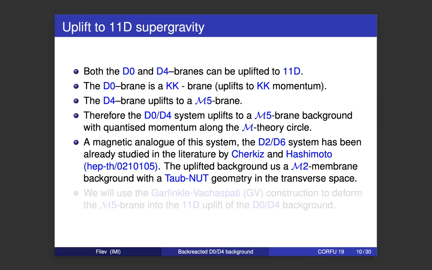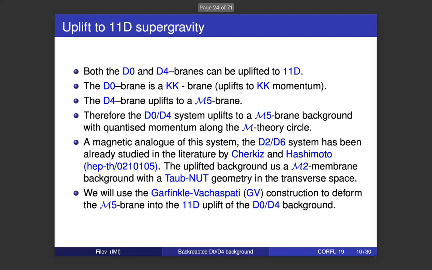Now what we're going to use is this Garfinkle-Vachaspati construction, which was developed obviously by these people, but it was used by Rangamani to try and construct a plane wave background or something like that.